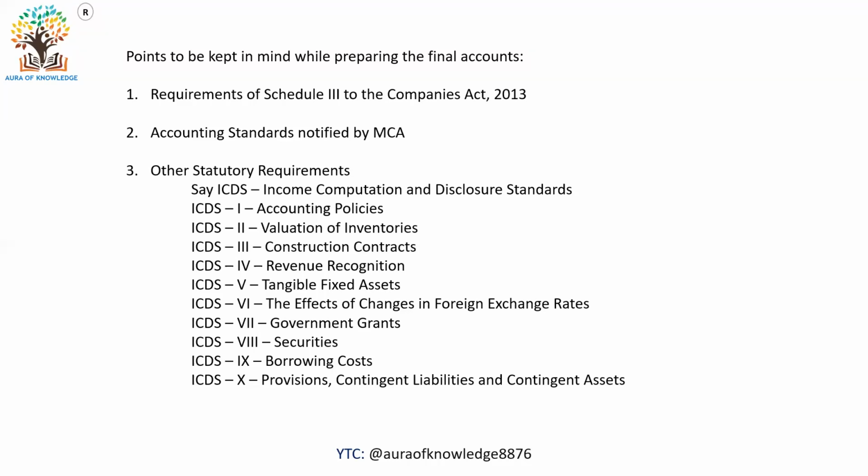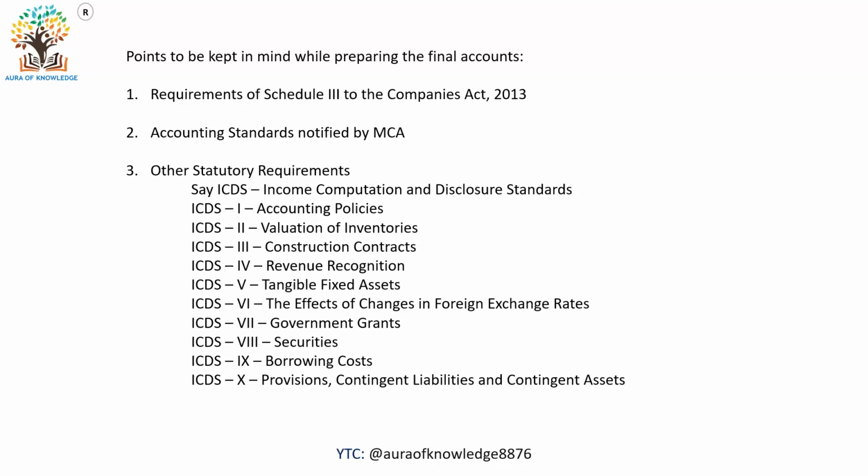Sir, you may ask me, accounting standard 1 is there, where it says what the accounting policies and disclosures are. Of course, it is there, but the income tax department has got its own rules, like we have depreciation as per the Companies Act and depreciation as per the Income Tax Act.